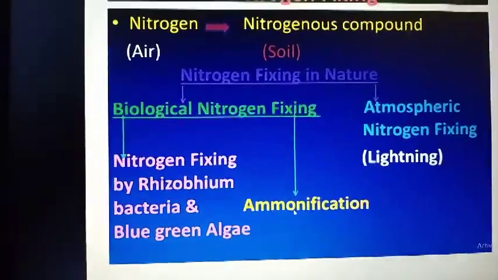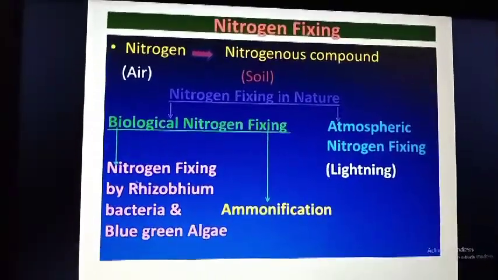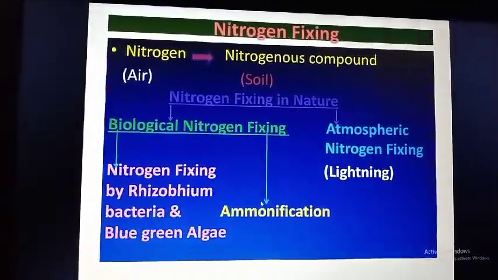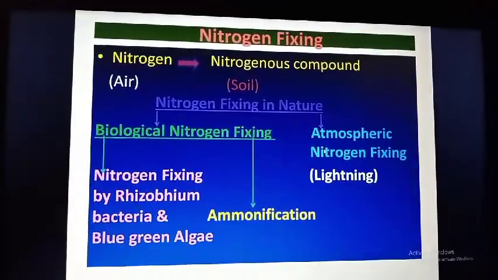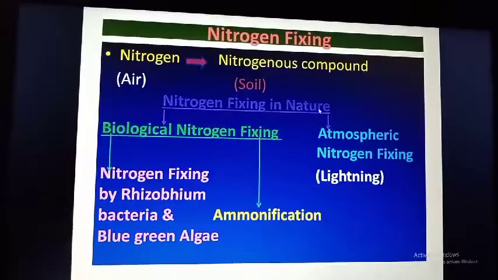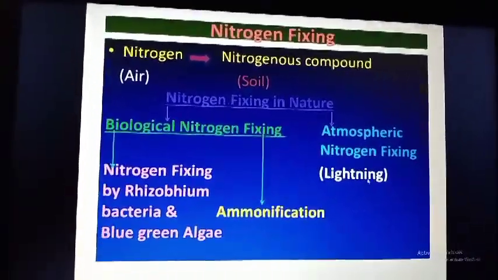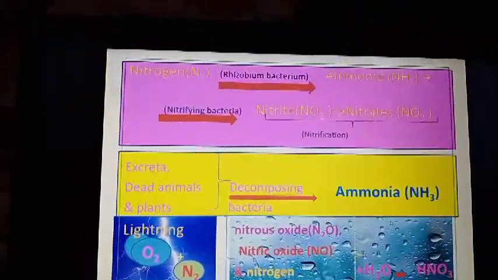This is called ammonification. So these two are biological nitrogen fixing. Then the second type of nitrogen fixing in nature is atmospheric nitrogen fixing during lightning.